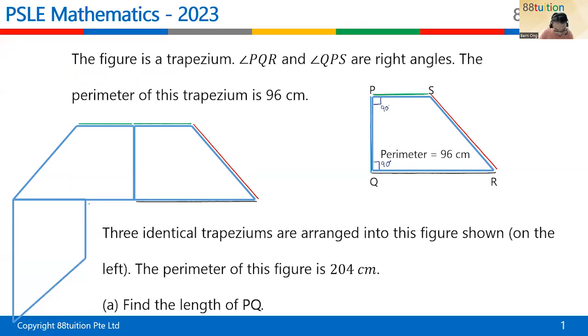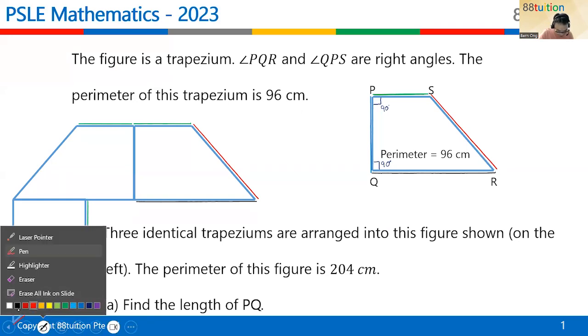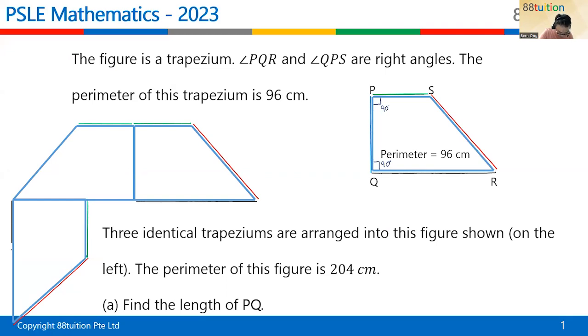Continue the outline, plus the green, say green, and the red, followed by the black, all right, and eventually the red up here. And of course, this portion here, which I'm going to circle yellow, or is it orange?